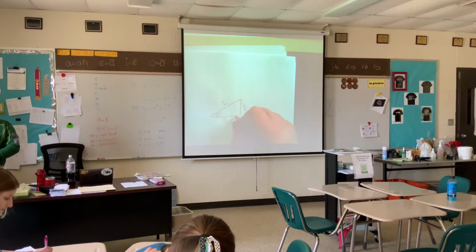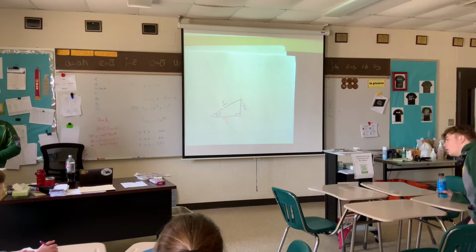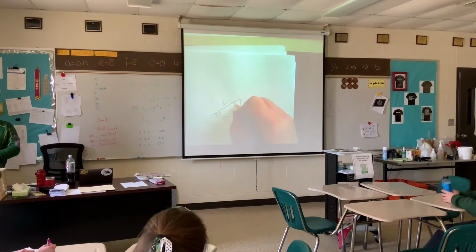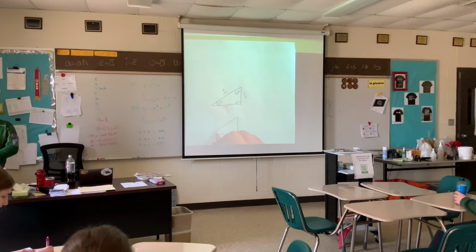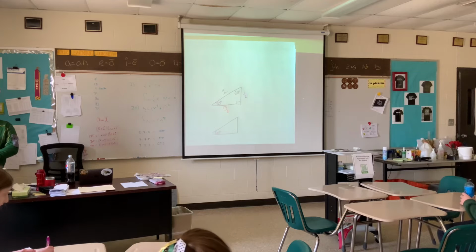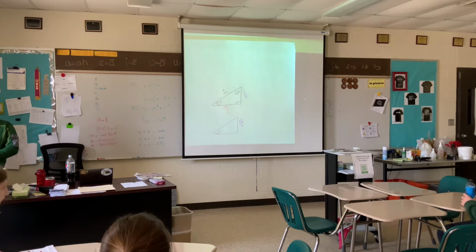This is the right triangle, and this is the 30-degree triangle. What's the other angle? 60 degrees. So if I rewrote this as a 60-degree angle, the opposite would be the square root of 3 over 2 and the adjacent 1/2.